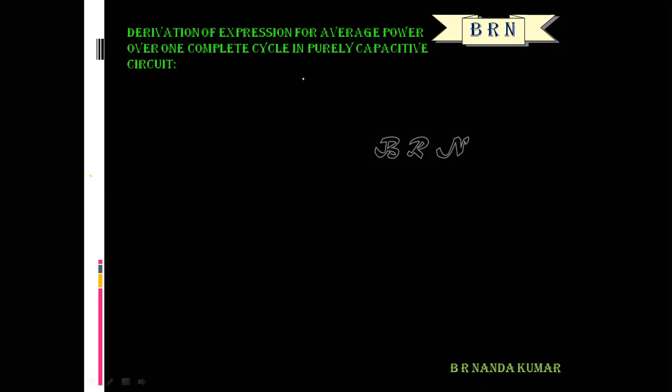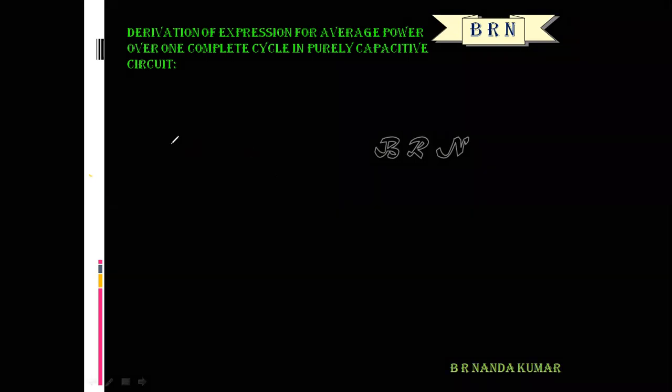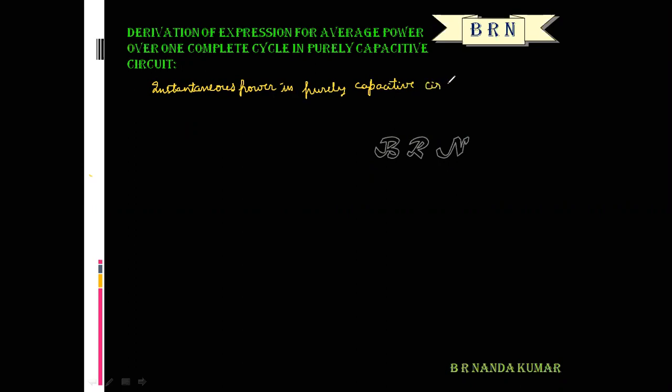So here, first let us consider the instantaneous power in the circuit. The instantaneous power in a purely capacitive circuit, that is P is equal to VI.